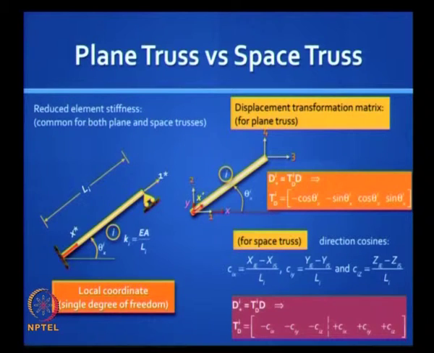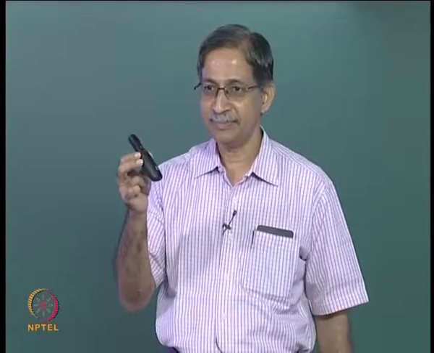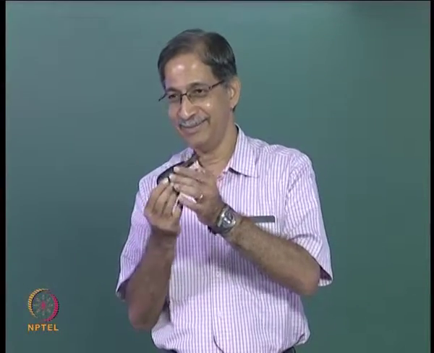That is why in the first place these were minuses and these were plus, and the same argument holds good here. You have a doubt? Yes. Okay. Let me explain. This is your element, right. Let us do the plane thing first, plane truss. Maybe you should be looking like this, right.